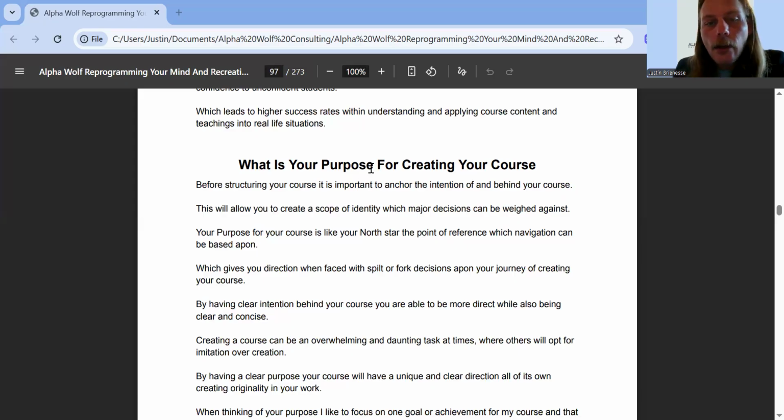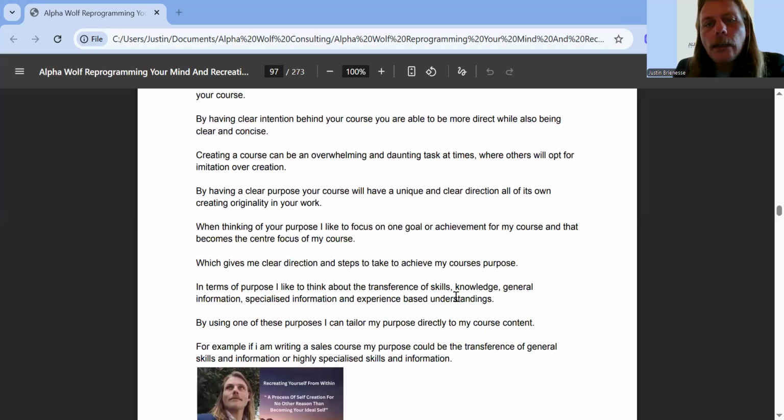So just understand, when we're thinking about the purpose of our course, what we want to understand is what are we trying to achieve within the intended person, the person who is consuming the information. What are we trying to achieve within them? And it'll usually be a high level of theoretical understanding and technical understanding. Do you sort of get it?